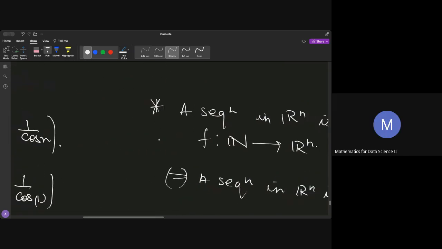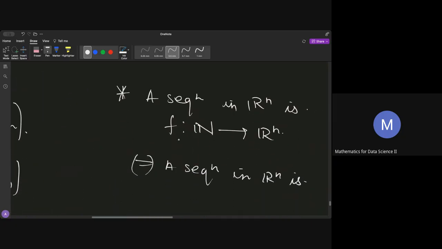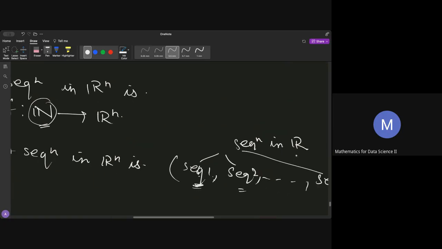For a sequence in Rn, your domain is the same only: natural numbers. When I say a sequence in R, I mean the codomain is R. The domain of a sequence is always natural numbers.